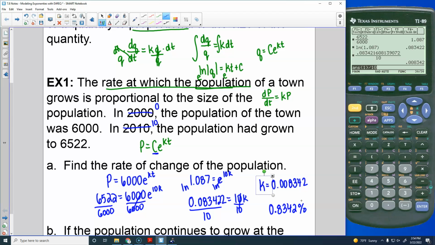It's your exponential rate of change, so it's the percent that you're increasing by at each time. It's your exponential rate of change, which is really your growth rate. Another phrase that might have been better there would be growth rate.